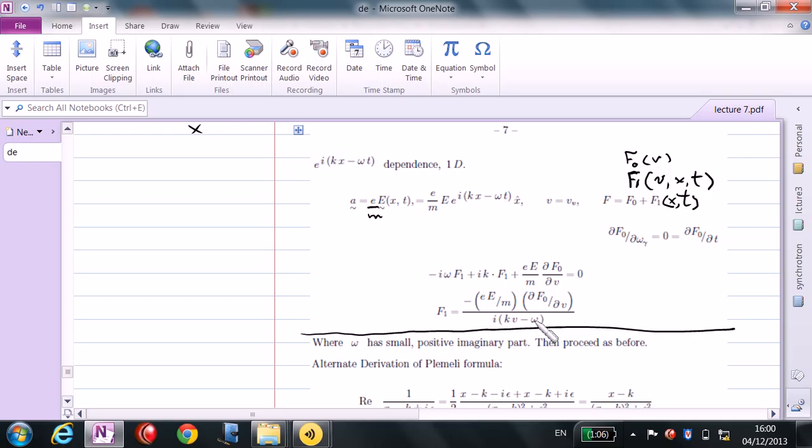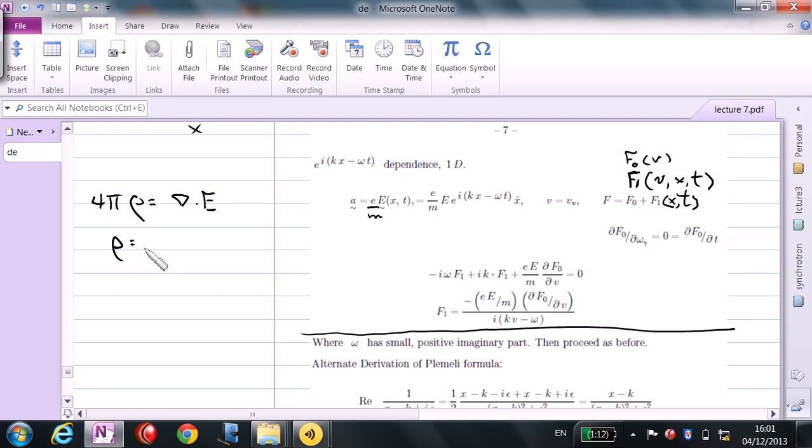In that case, the plasma doesn't merely have to solve the Vlasov equation, which is basically Newton's equation. It also has to solve Maxwell's equation, which means it has to solve 4πρ equal to the divergence of E. Now what is rho?